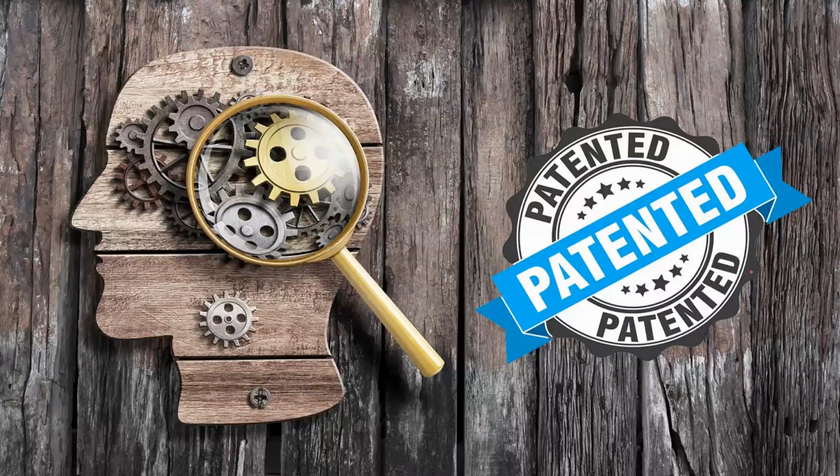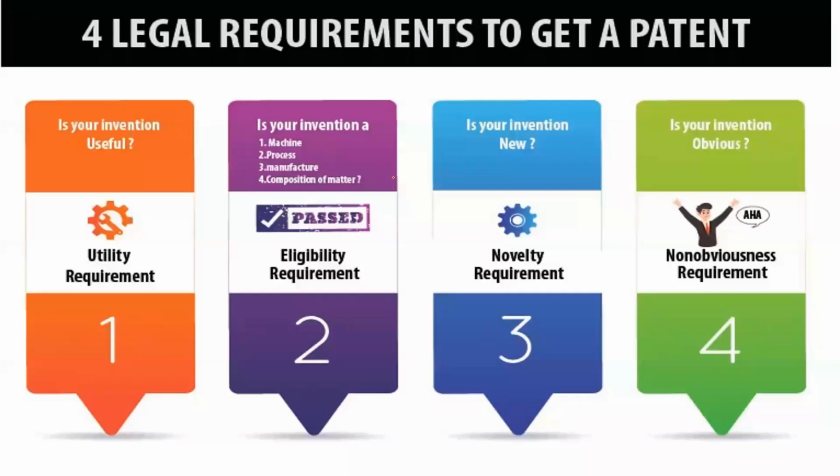You must patent your work if it is an invention. These are the 4 steps you must do. Before going to filing, you must check these 4 important points. First, whether your invention is useful or not.